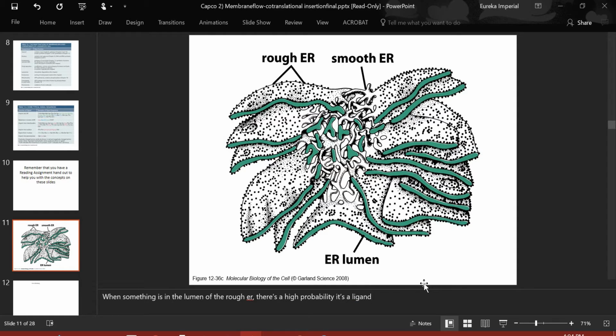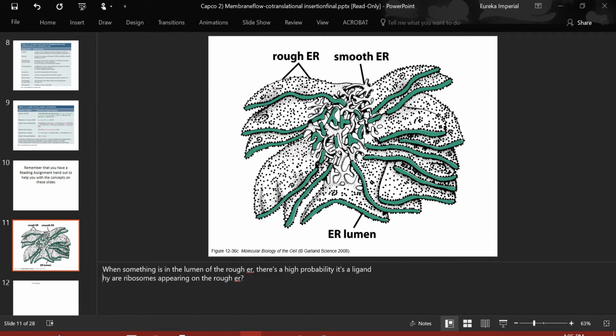Ribosomes are actually adhering to the surface of the rough endoplasmic reticulum. Why? The answer is not clearly shown in the pictures in your book. Scientists write books, and the artist begins drawing all these things, and it becomes very messy and noisy, so they leave things out to make it simple for you.